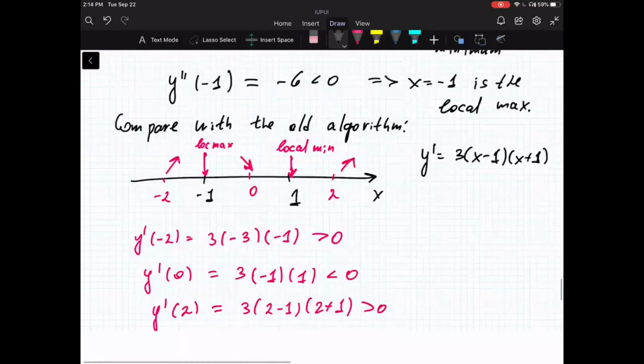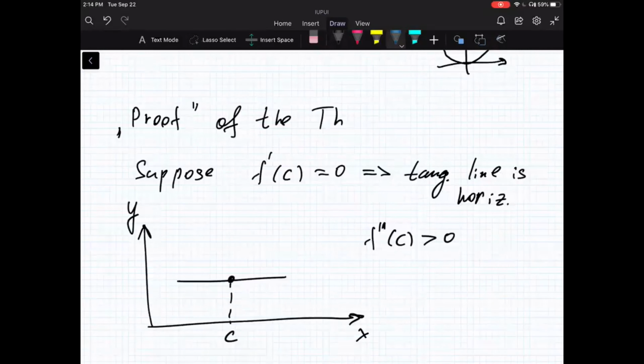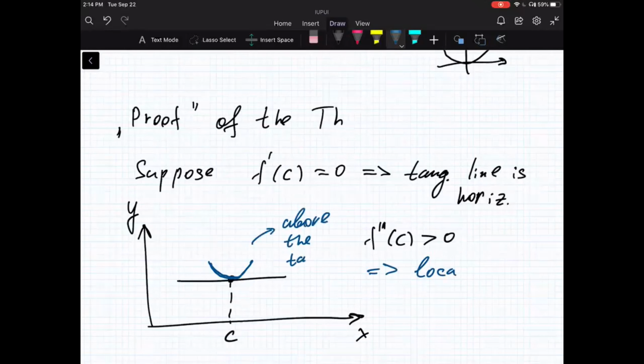So it should be something like that. It is so far above the tangent line that it is a local minimum.